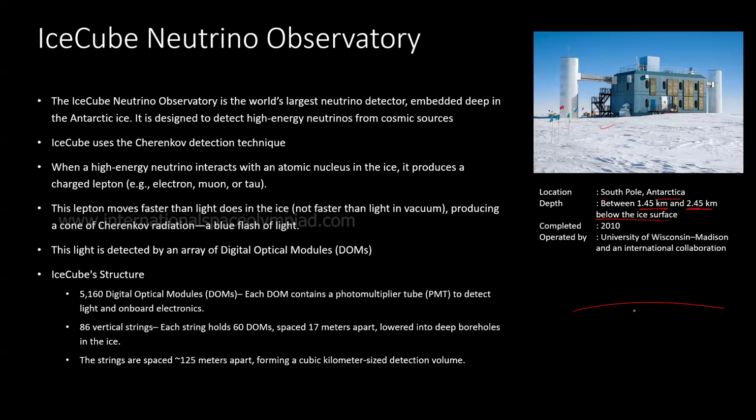If you go to Antarctica, this is the surface, completely ice, and the instruments are not on the surface. This is just its office and control center that you are seeing in this figure. The instruments are placed about 1.5 to 2.5 kilometers below the ice.